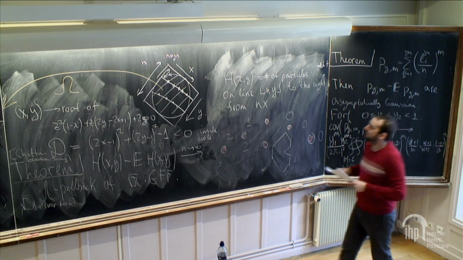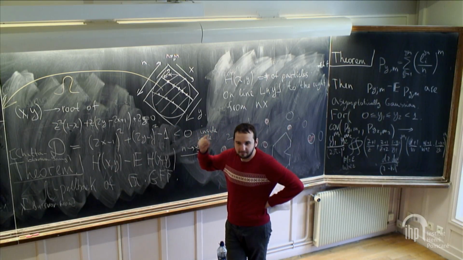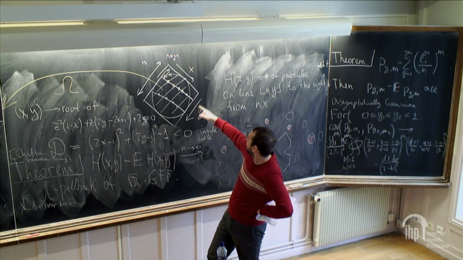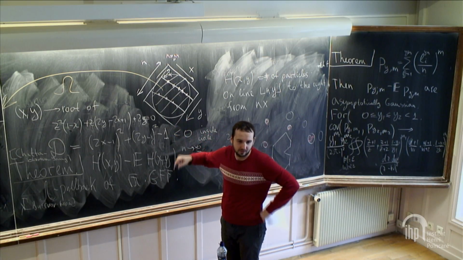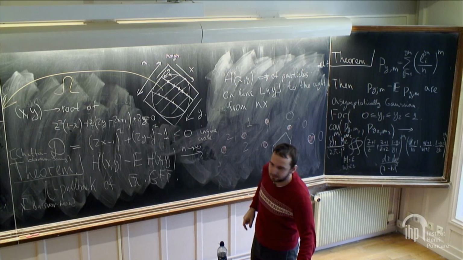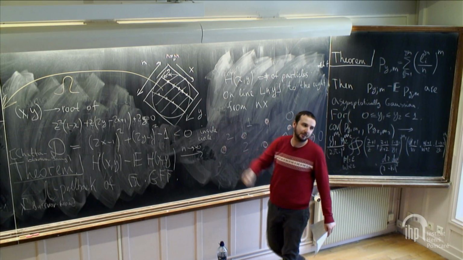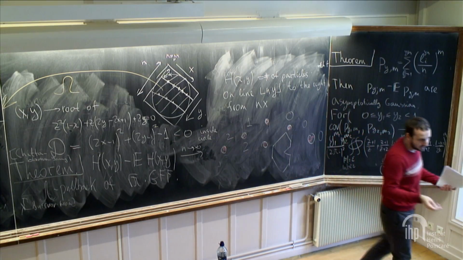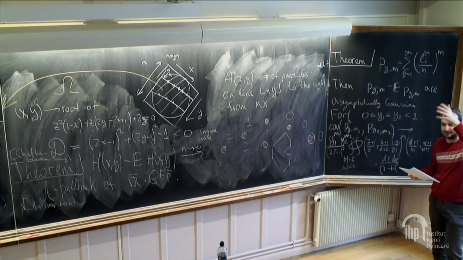Kenyon did it for the case where, the difficulty is that Kenyon has a method which works only when your limit shape has no frozen regions. The fact that here we have frozen regions complicates things, because Kenyon's method is used in many areas of this kind of statistical mechanics. He wants to have discrete harmonic functions converge to continuous harmonic functions.